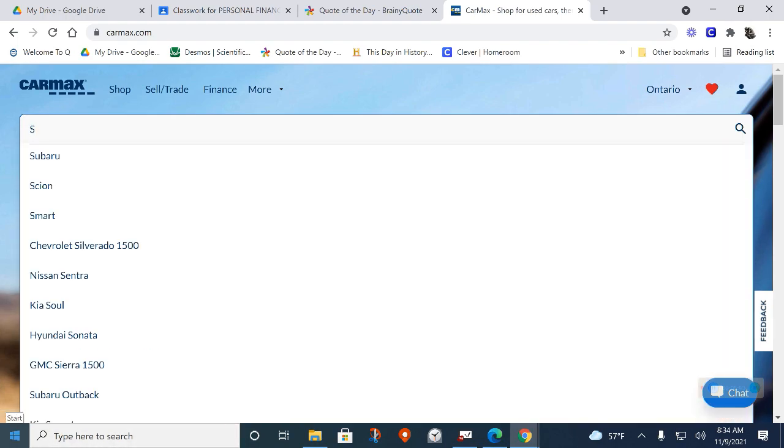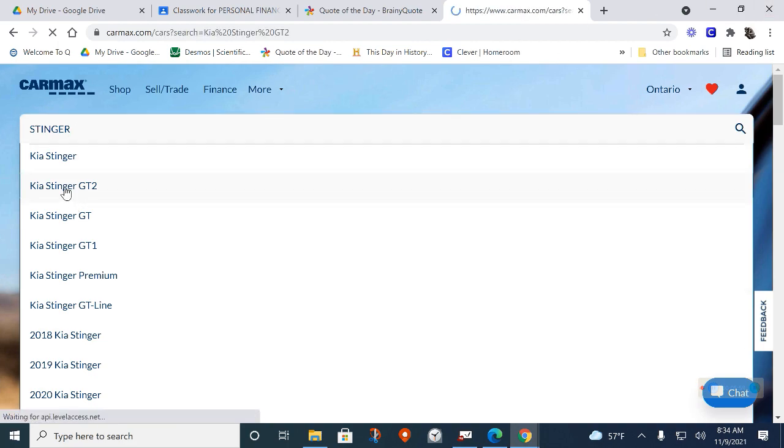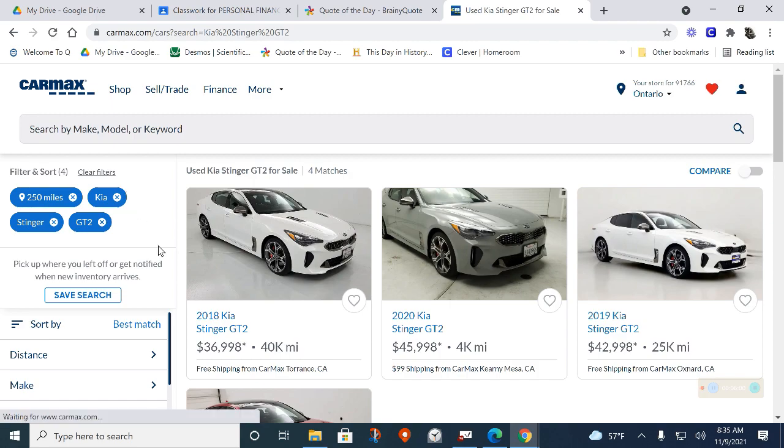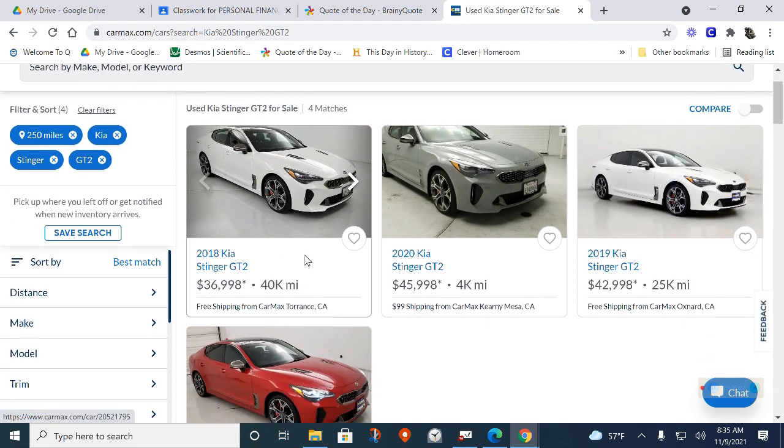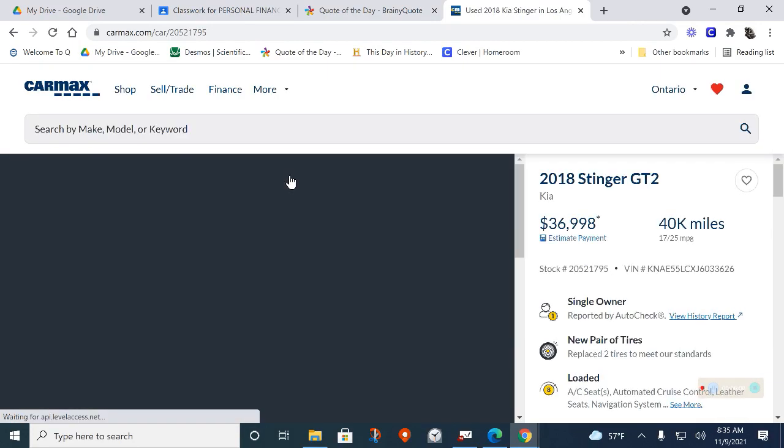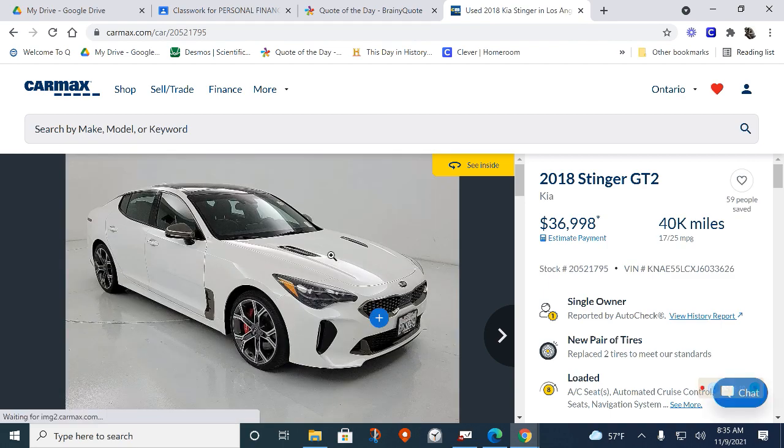I'll just put Stinger, see what comes up. Oh man, a Kia? Yeah. Here we go, now we're talking. Yikes. What color do you like out of these four? White. So do I. That's good. Here we are.